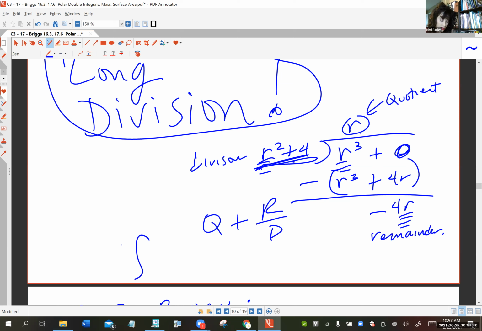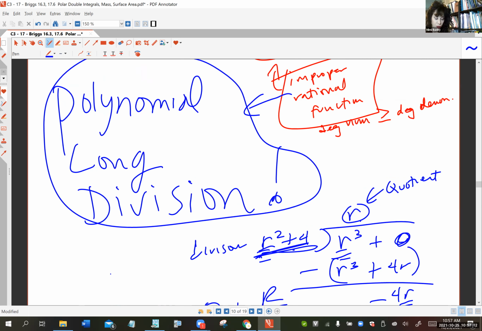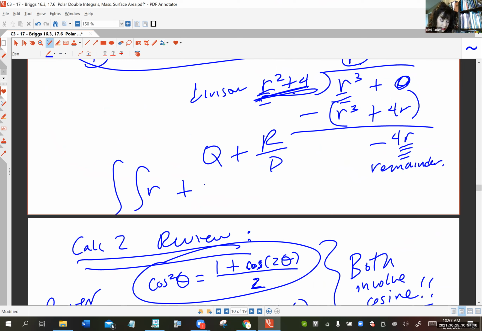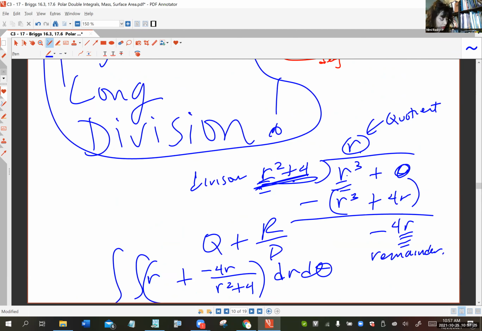So our innermost integral now needs to look like r plus negative 4r over r squared plus 4, like this. Okay, that's where we're at right now.